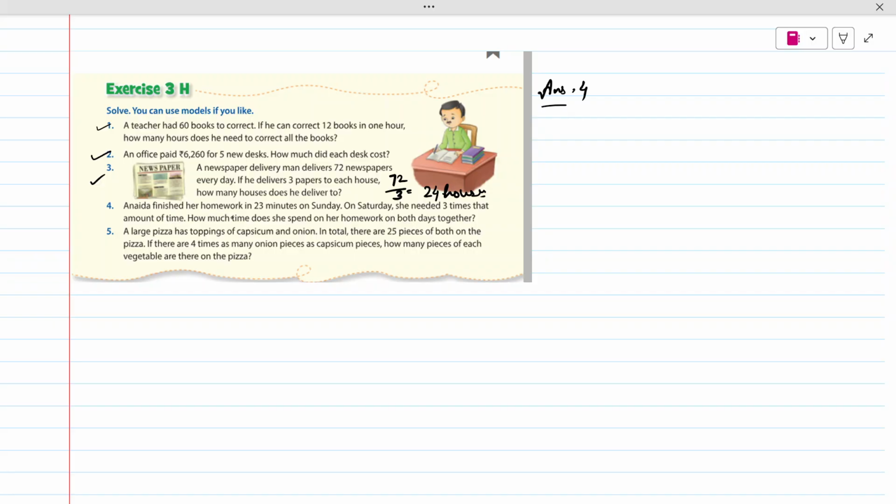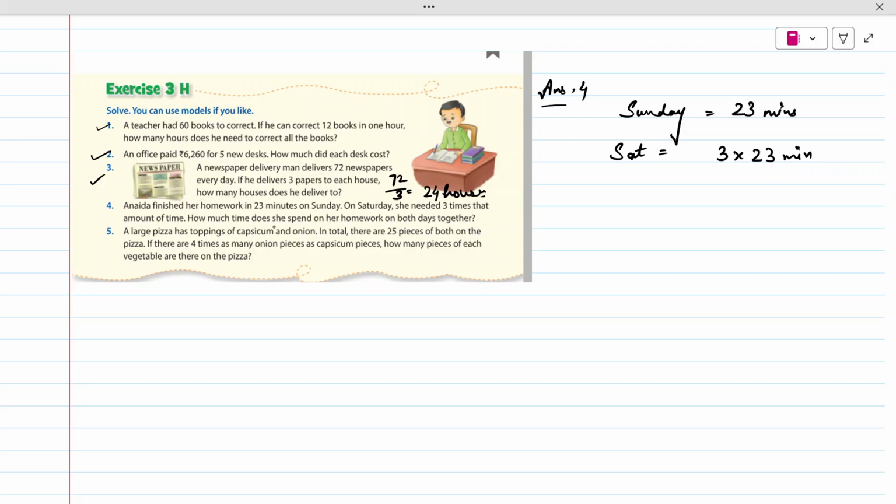Anaida finished her homework in 23 minutes on Sunday. Okay. On Saturday, she needed 3 times that amount of time. So that means on Saturday, she is taking 3 times the time she is taking on Sunday, that is 3 into 23 minutes.